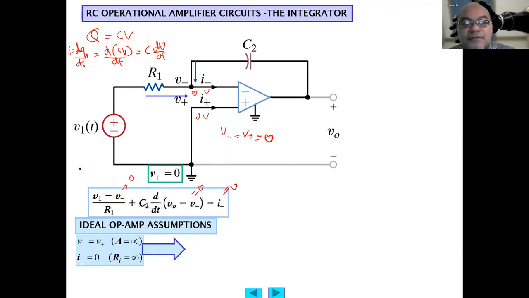So this becomes V1 divided by R1 plus C2 d/dt V output equals 0.